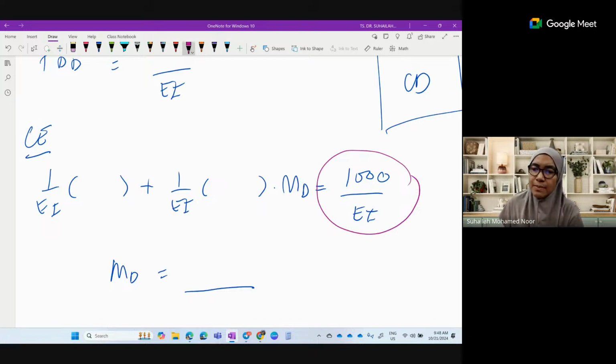For support settlement, it affects the actual structure, so our compatibility equation is not equal to 0. Equal to 0 means no support settlement. With support settlement, we have to put in the given value.